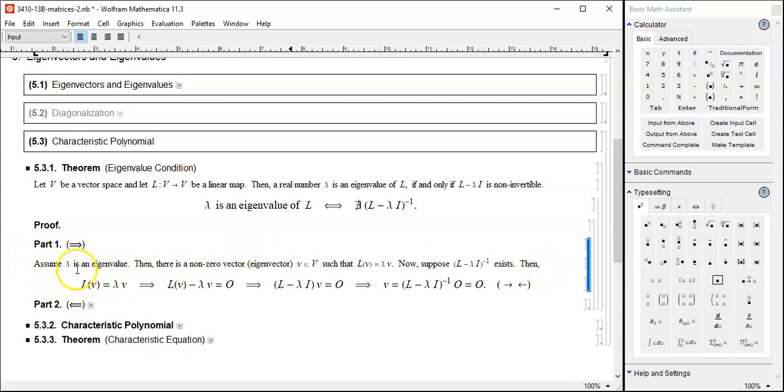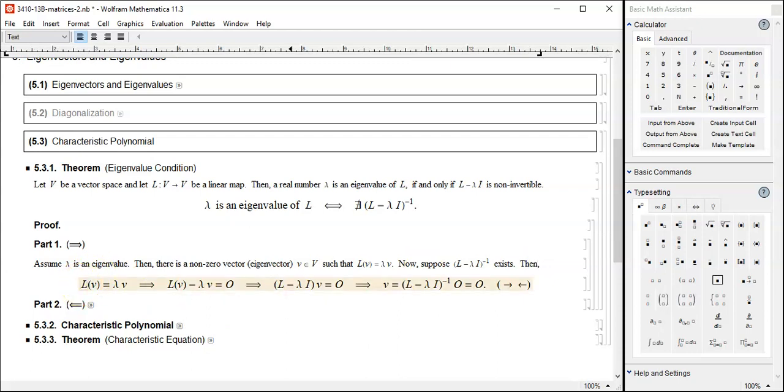So assume lambda is an eigenvalue. There is a non-zero vector, an eigenvector, so that L of V is equal to lambda V. Alright, that's the definition. And here's a key step. Suppose that the inverse exists, and we are trying to draw a contradiction. Then, under these assumptions, we just apply the algebra.